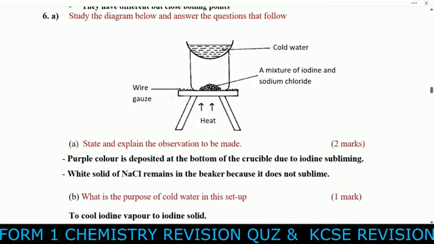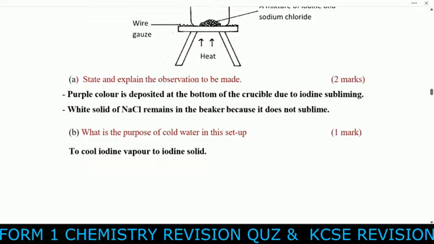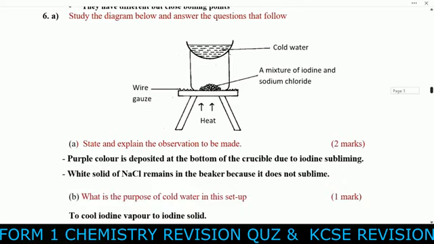You are told to state and explain the observation to be made on that experiment, where we have the mixture of iodine and sodium chloride, and then cold water at the top.